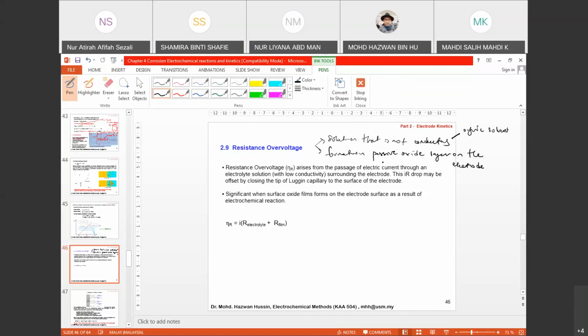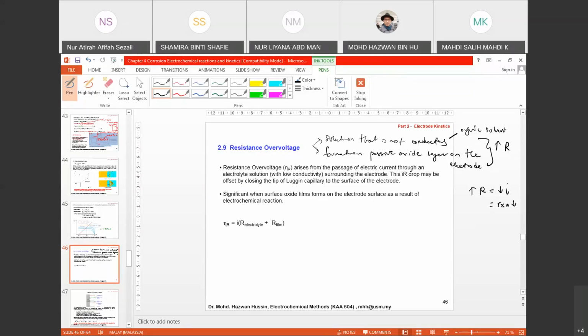Another case is when you have a passive oxide layer on the surface of the metal or the electrode, you can also have resistance overpotential. Because what do these things create as a result? They produce higher resistance, and higher resistance means lower current. When you have lower current, the rate of reaction will become lower as well.